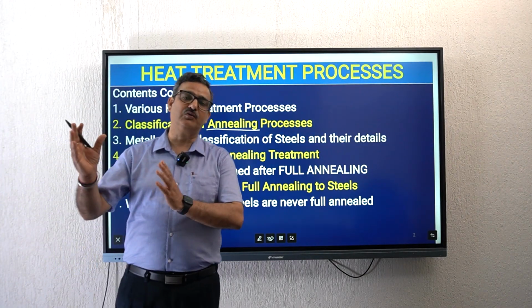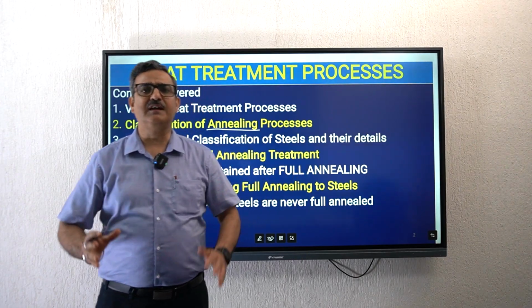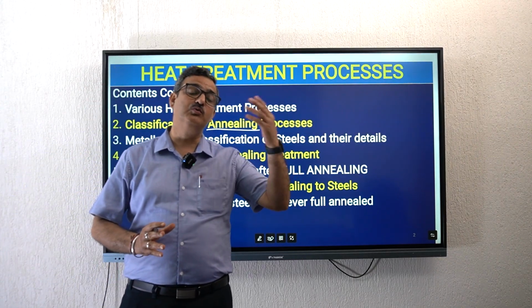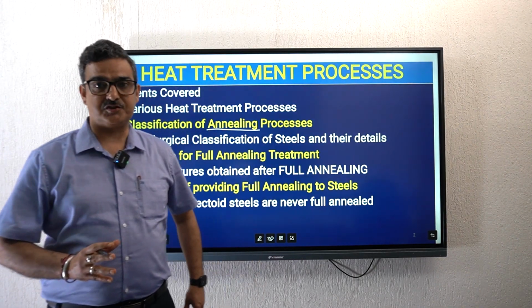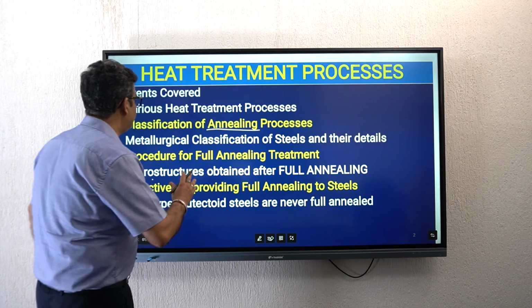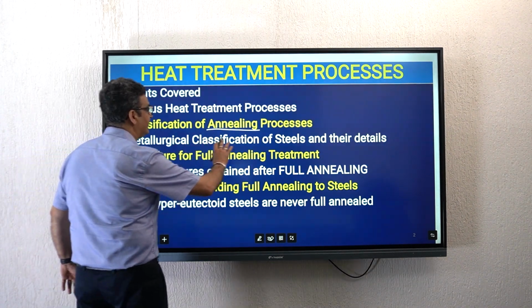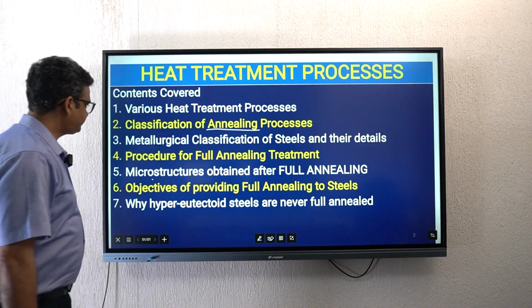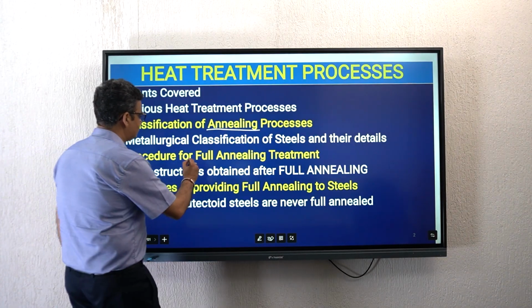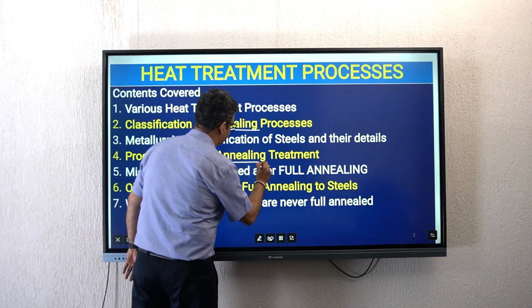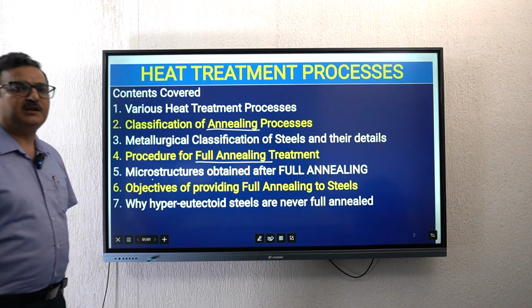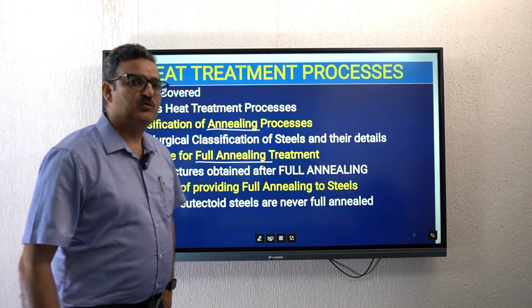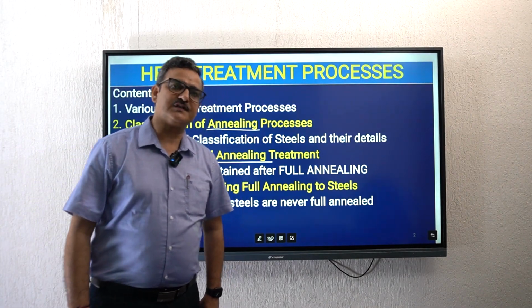So we have eutectoid steels and two other categories, and heat treatment is according to the type of steel under discussion. We'll discuss various aspects of these different categories of steels, and then we'll start discussing this important heat treatment process which is called full annealing. How is this given to hypereutectoid and eutectoid steels?